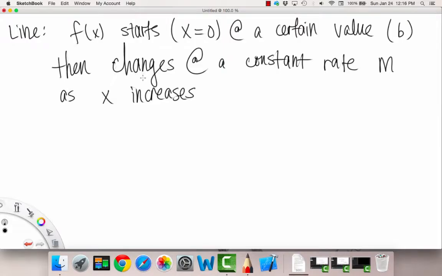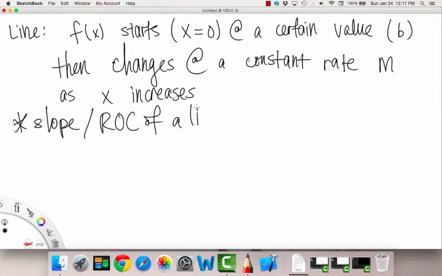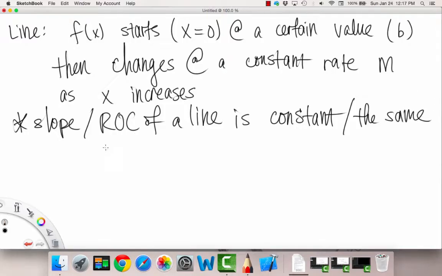As we'll see, and as we saw previously, the m, the slope, or rate of change of a line, and specifically for a line, is constant, or the same, anywhere and everywhere on that line.